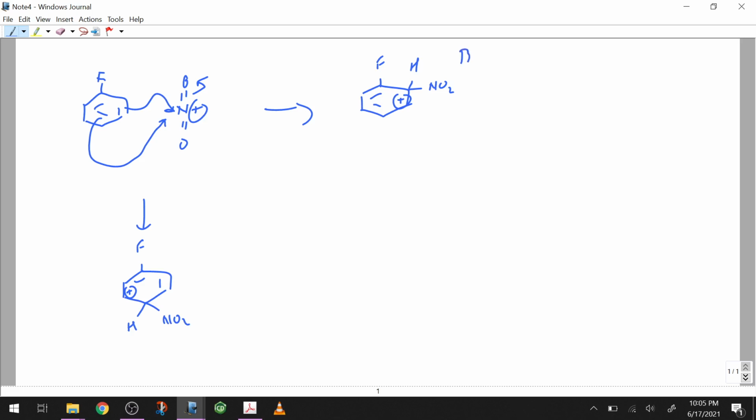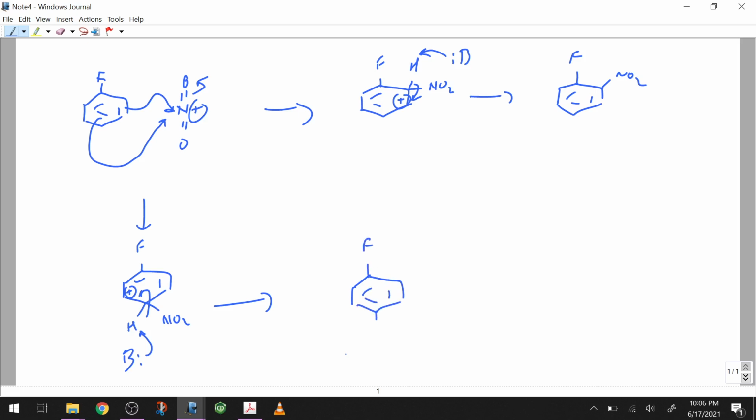So at that point, something, probably water from the previous step, is going to take away that hydrogen and reform the pi bond, giving us back the aromatic system. So top case gives me ortho. Bottom case gives me para. Now, in both cases, the cation can resonate next to the fluorine.